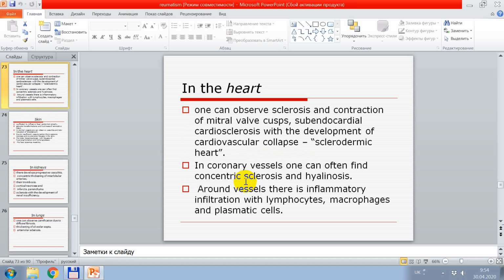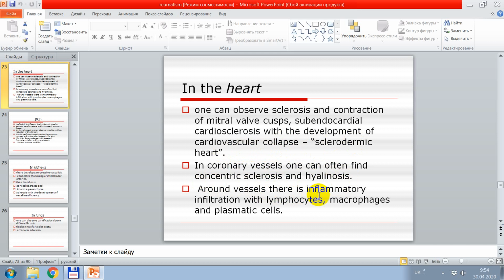In the heart, one can observe sclerosis and contraction of mitral valve cusps, subendocardial cardiosclerosis with the development of cardiovascular collapse, sclerodermic heart. In coronary vessels, one can often find concentric sclerosis and hyalinosis.